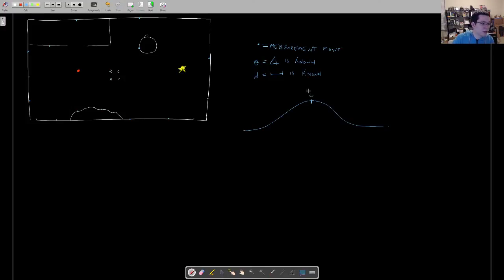So if this is the point, then I want to have some parameter to control the spread, which is the standard deviation, and I want another parameter to control the height, and we'll call that A for amplitude.